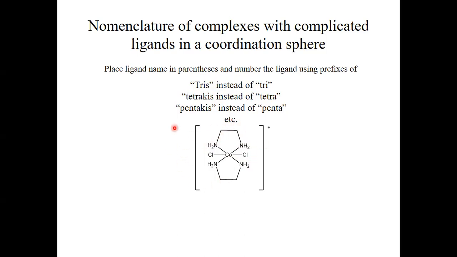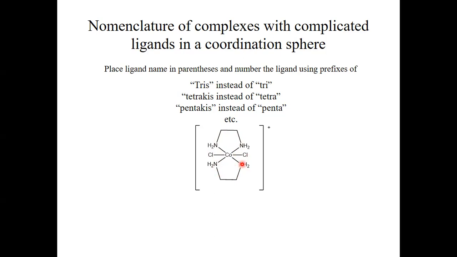So here's an example in which this cobalt binds to 2 terminal chloro ligands and to 2 bidentate ethylene diamine ligands. So what would be the name of this?